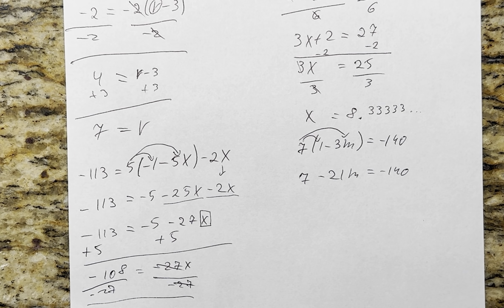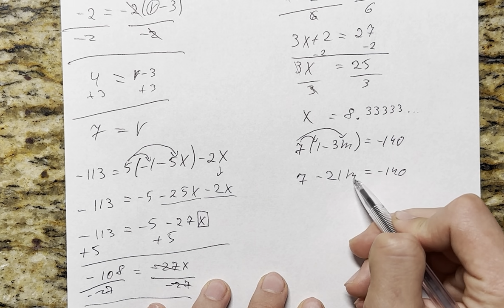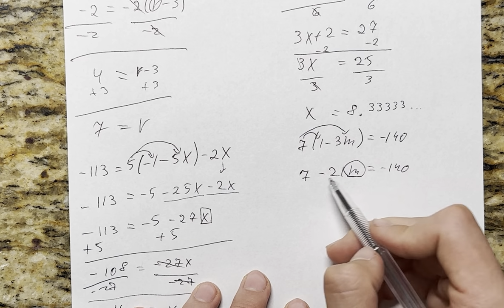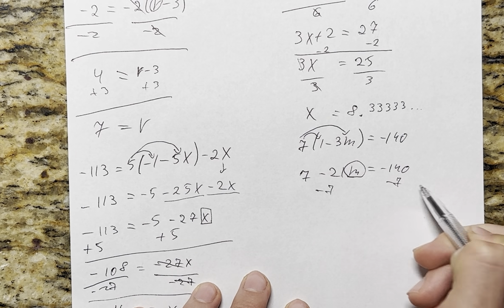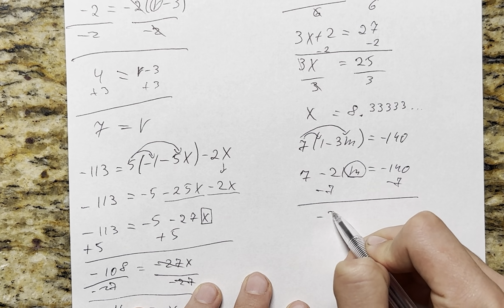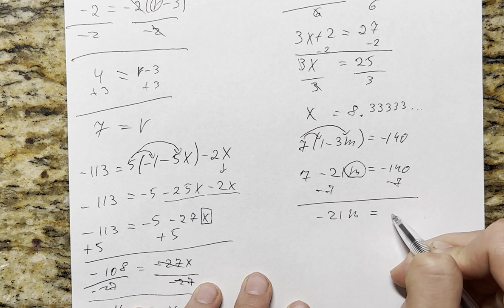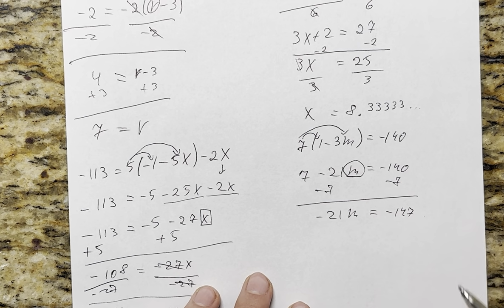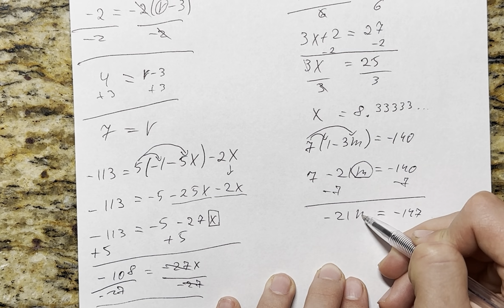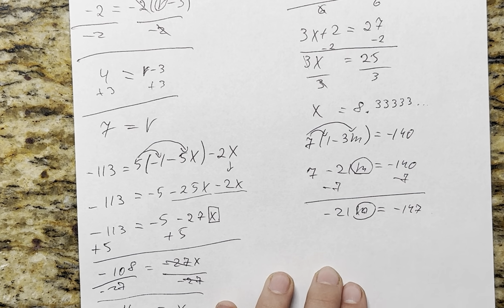And so remember, we're trying to leave the variable by itself, and to do that we have to subtract 7 on each side. You'll get negative 21m equals negative 147. Now, remember, we're still trying to leave the variable by itself here.